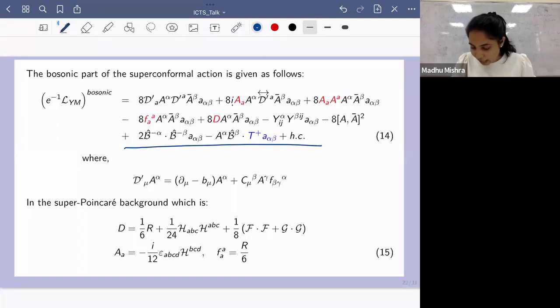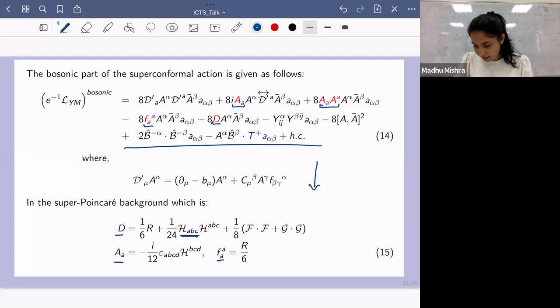Here I have highlighted some fields in red. These fields are basically dependent fields. And when we go after gauge fixing, when we go to Poincare theory, these are the fields given in terms of curvature square or curvature terms.